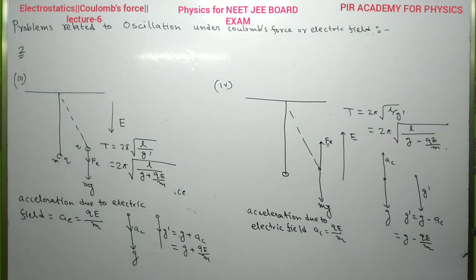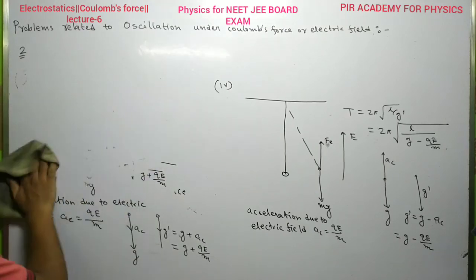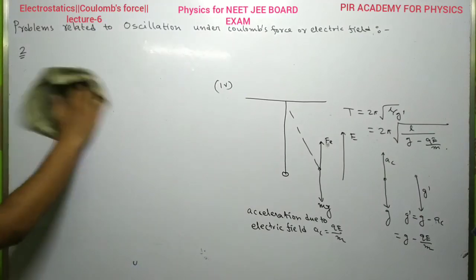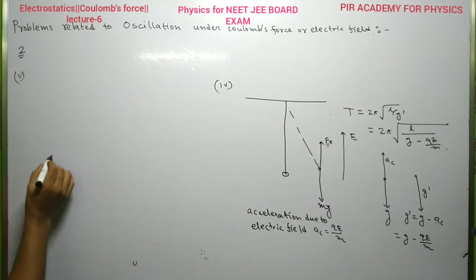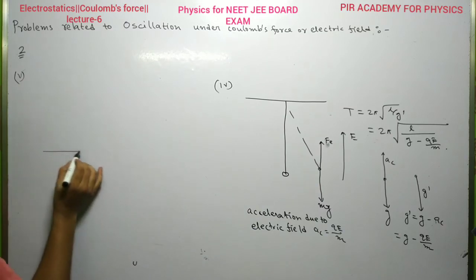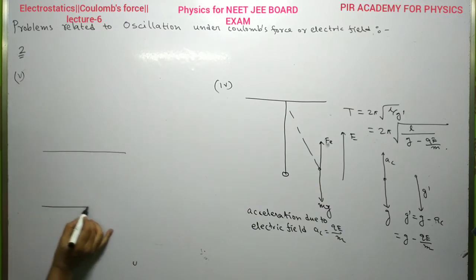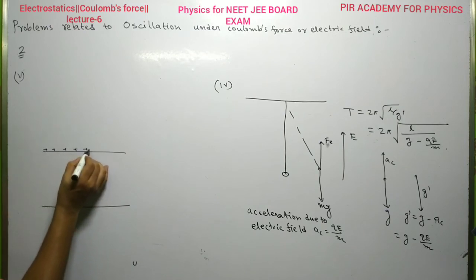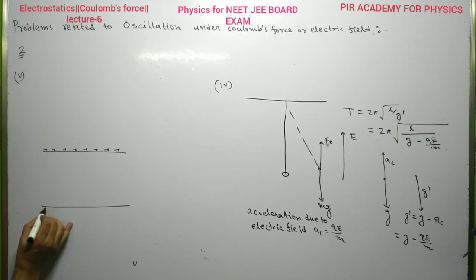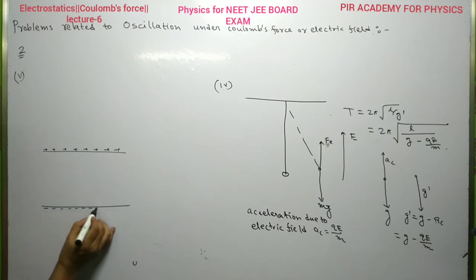Now this is condition number 4. Now condition number 5. Suppose these are two plates. This plate is positively charged and this plate is negatively charged.